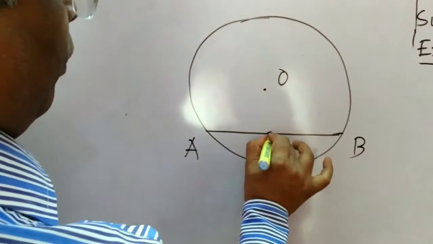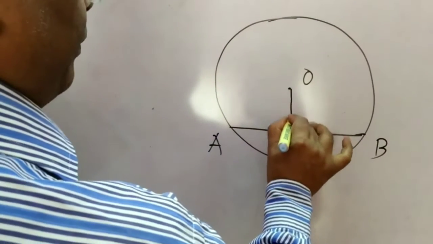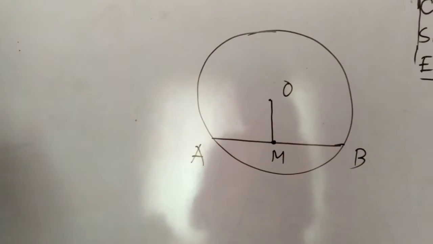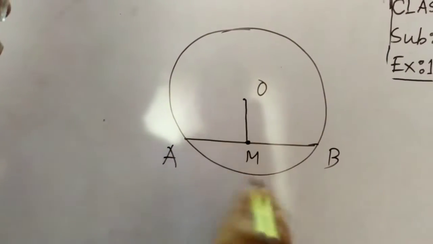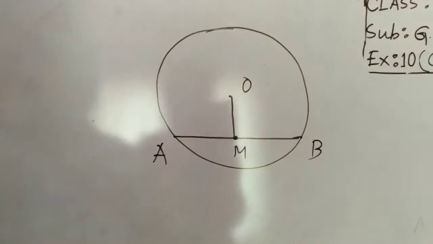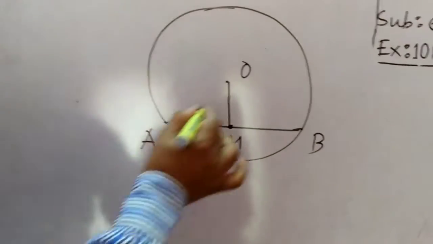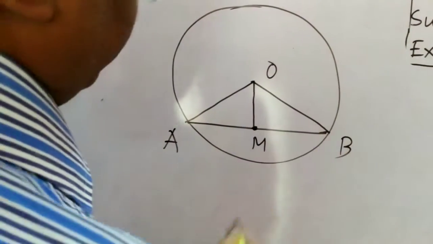M is the midpoint of AB. Join OM. You have to prove that angle AMO or BMO is a right angle or 90 degrees. Join OA and OB.